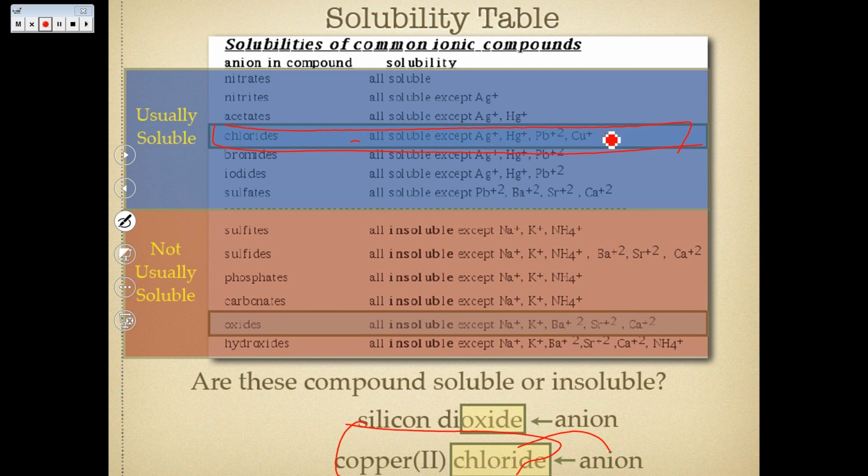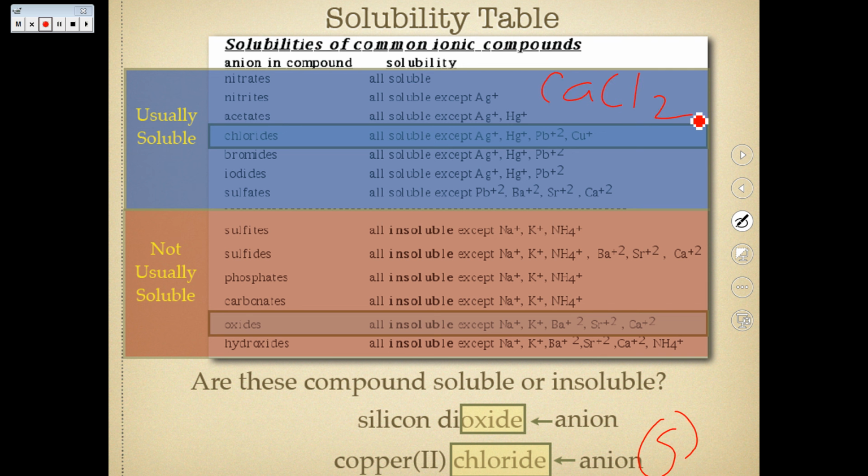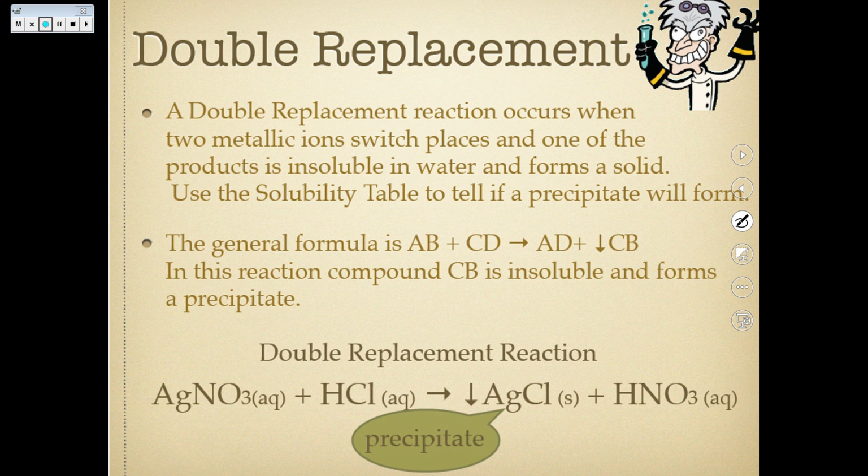So copper is one of those exceptions. Anything else except those four metals would be AQ, but because copper is an exception, copper chloride will be a solid. Calcium chloride would be AQ because it's not one of the exceptions. Okay, so that's how you read the table.